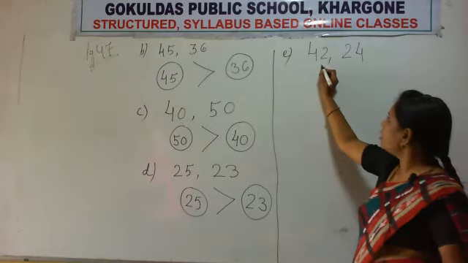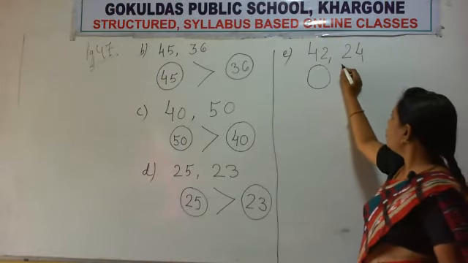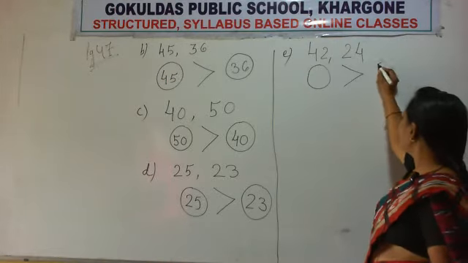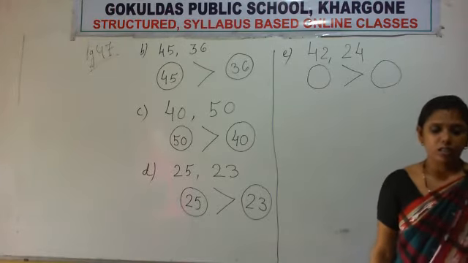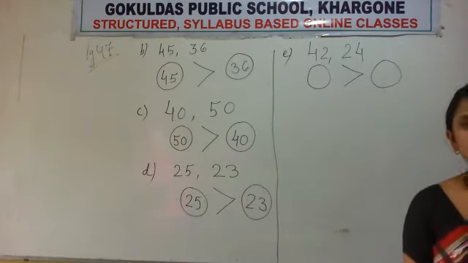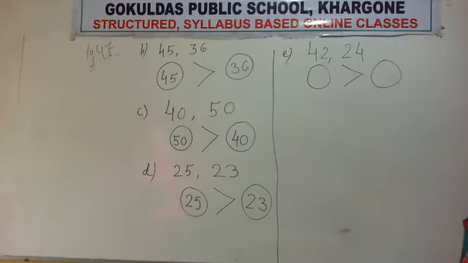Now draw the circle, then draw the sign of greater than, then draw another circle. Now identify which is the greater number, which is the bigger number between 42 and 24. The greater number is 42.